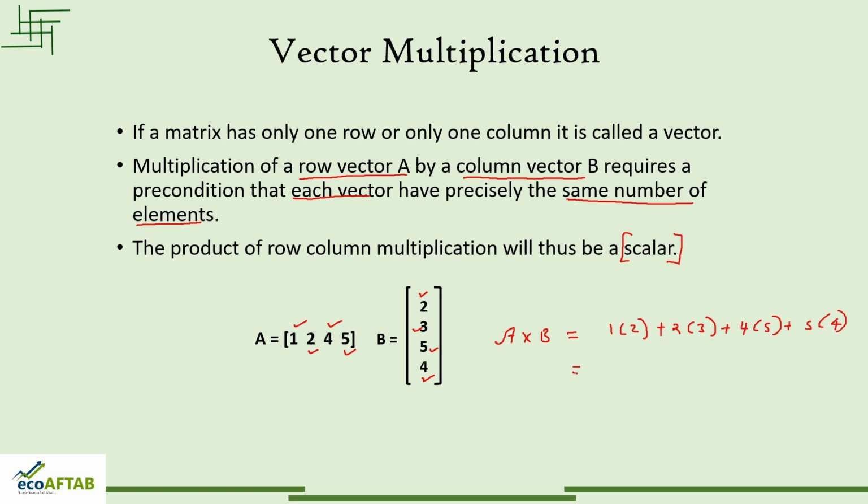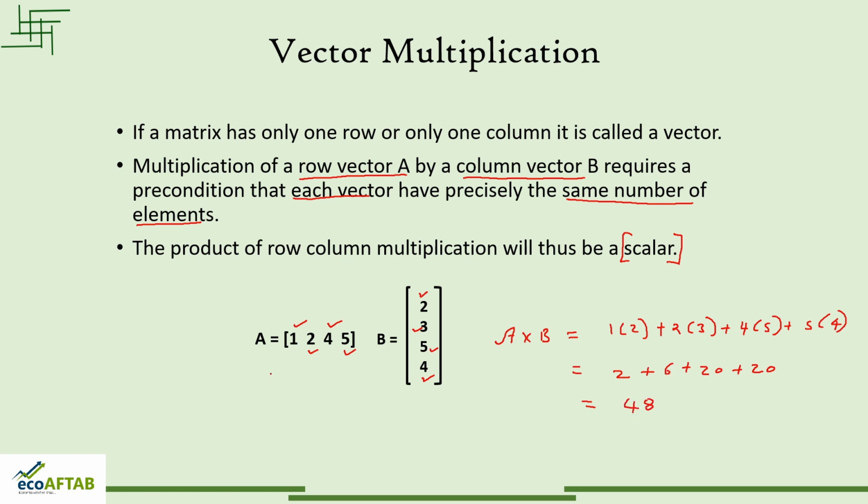So this thing will be 2 ones are 2, 2 threes are 6, 4 fives are 20, 5 fours are 20. So it's going to give us 2 plus 6 plus 20 plus 20, which is 48.